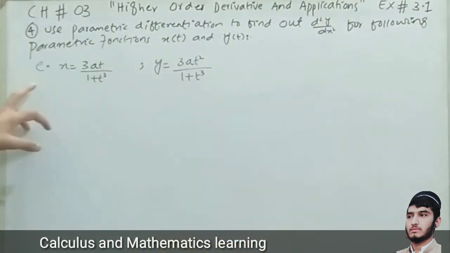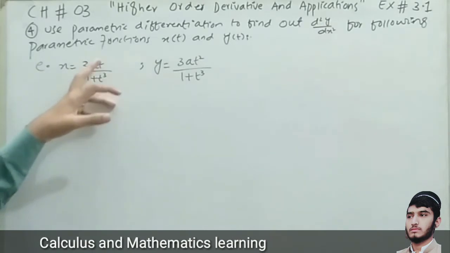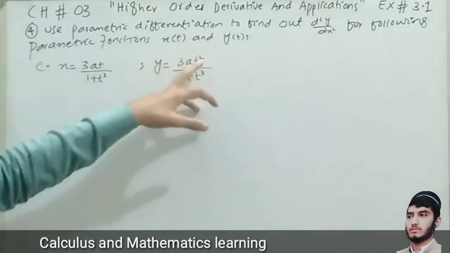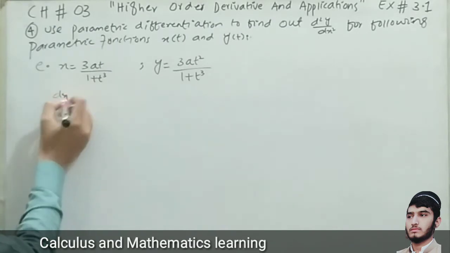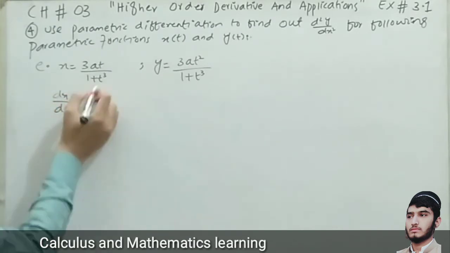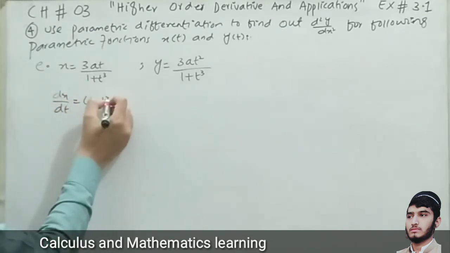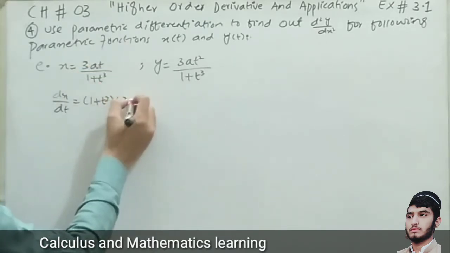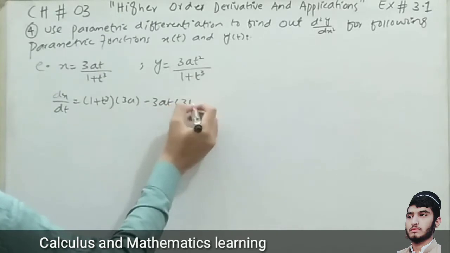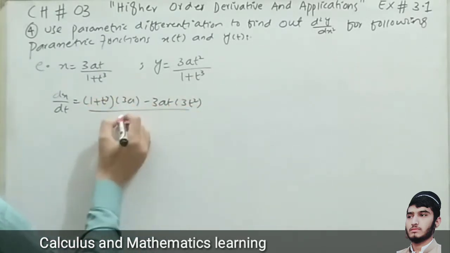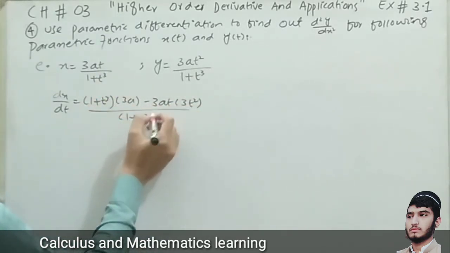Now move to part number E. It tells that x is equal to 3at by (1 plus t cube), and y is 3at square by (1 plus t cube). Find the derivative of x with respect to t by using the quotient rule of differentiation. Second function is 1 plus t cube. The derivative of the first function is 3a, minus the first function 3at, and the derivative of this function is 3t square, divided by the second function (1 plus t cube) whole square.